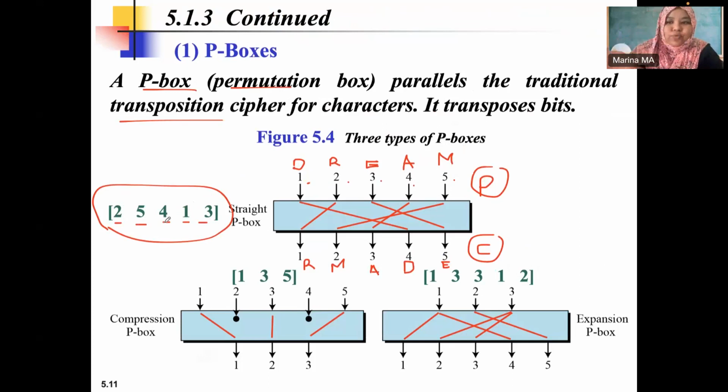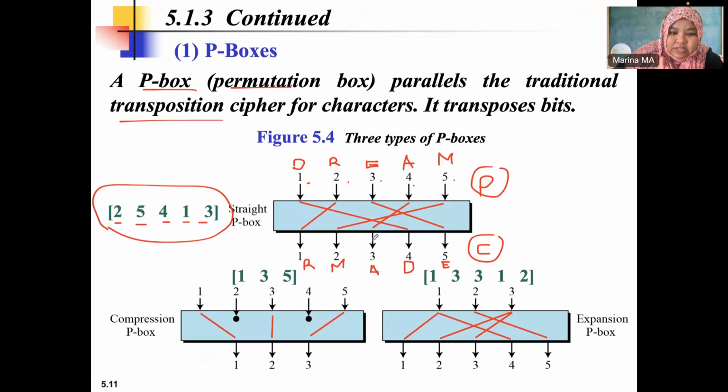How do we flip from here to here? Actually, this way. You look at the cipher position down here, and then you look where it comes from. The first one comes from 2, so you put 2. The second ciphertext position comes from 5, so 5.